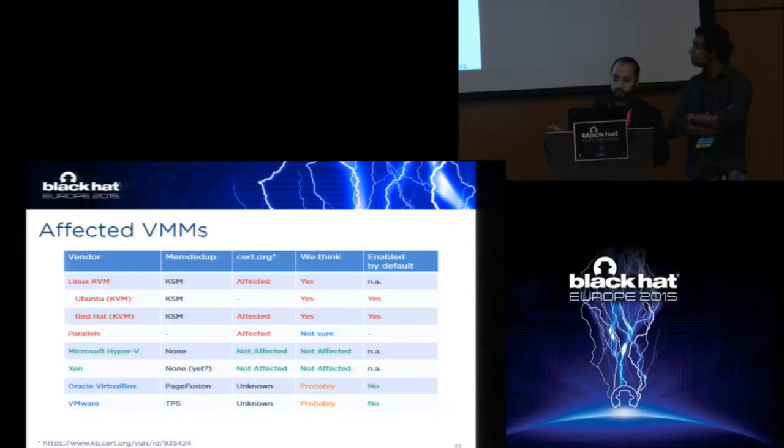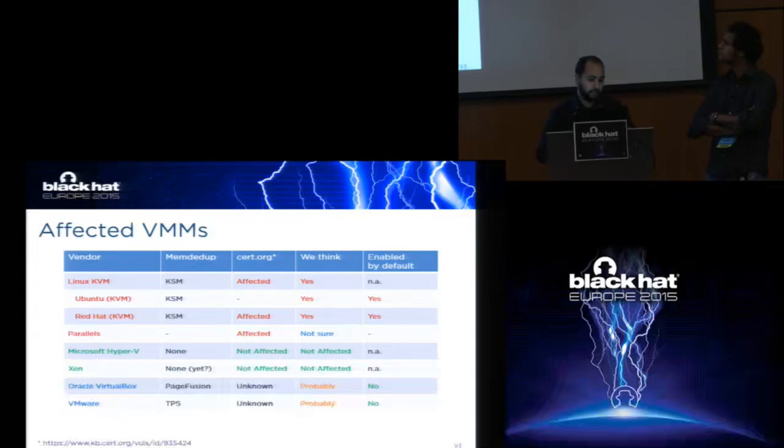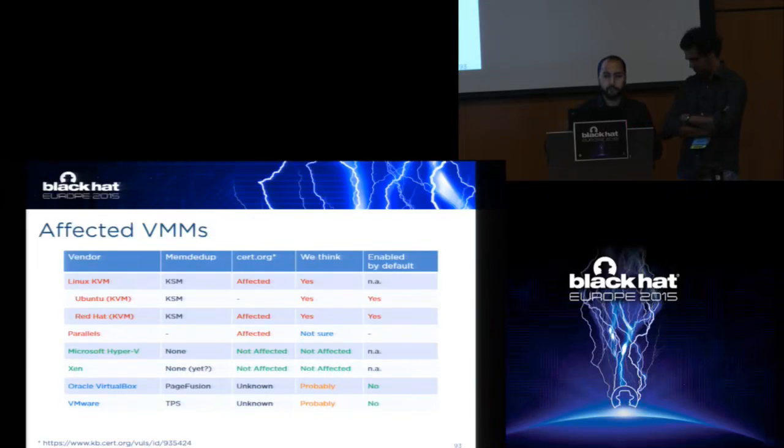Here you have the column with what we actually think about whether they're affected or not. And the last column shows whether memory deduplication is enabled by default or not. What you see is that if you use KVM like in Ubuntu or Red Hat, KSM is enabled by default, and we verified that the attack works there. So these virtual machine monitors are affected.